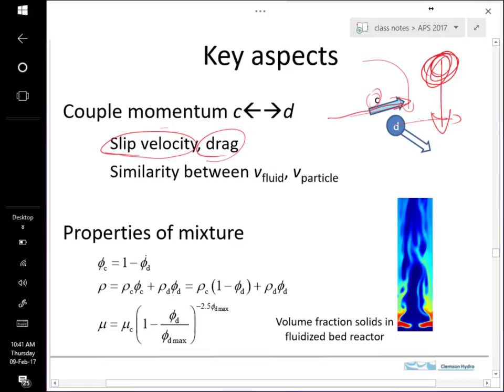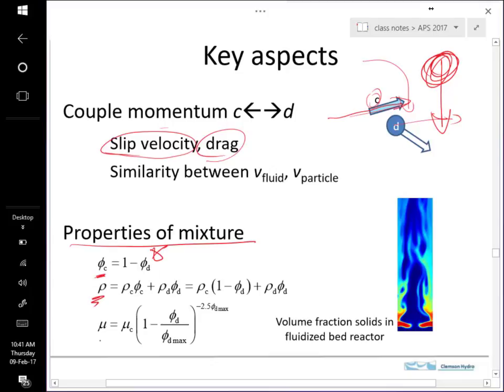Okay, then we also have to account for the properties of the fluid mixture. It's going to depend on the concentration of the solid particles, the dispersed particles there. And for the density, usually you just use simple mixture theory. So you have a certain concentration of particles, a certain concentration of fluid, and you can get the resulting effective density.